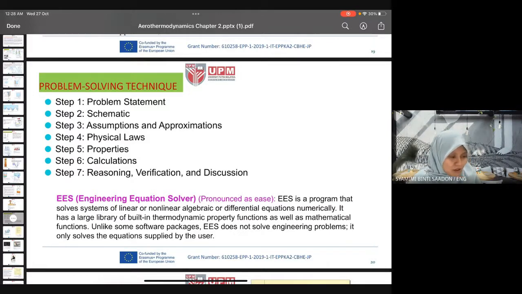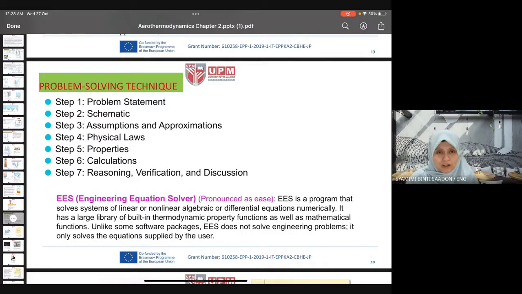And the physical laws: what are the laws, the principles, the equations that we can apply to our problem? First law of thermodynamics, second law of thermodynamics, law of conservation, Newton's laws, whatever law that you know. And what are the properties that we have and need to define?